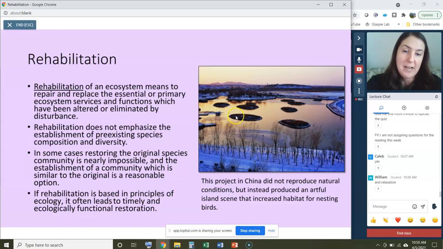Here they've created nice quiet habitat for birds to nest, which can bring them back faster. So it's kind of like speeding up restoration of ecosystem services and functions.